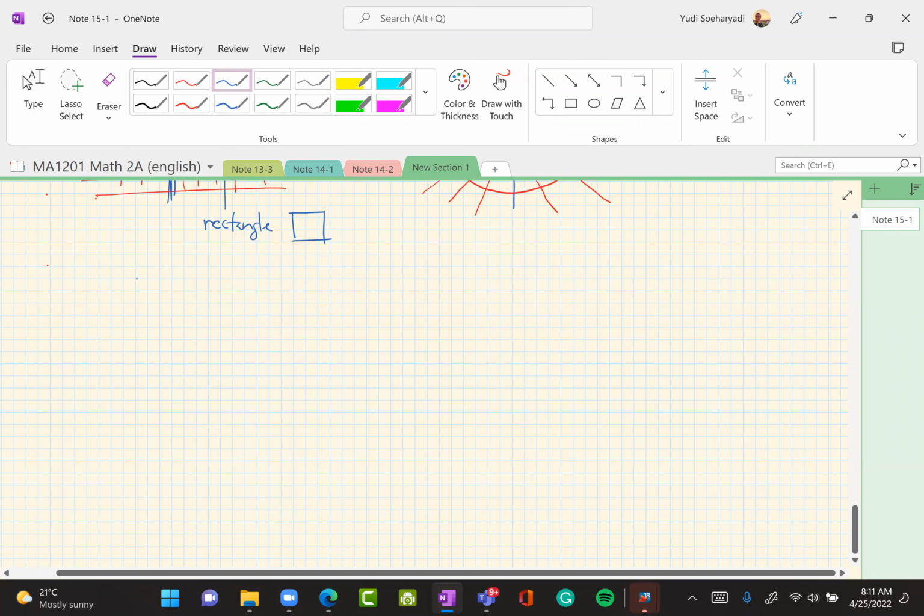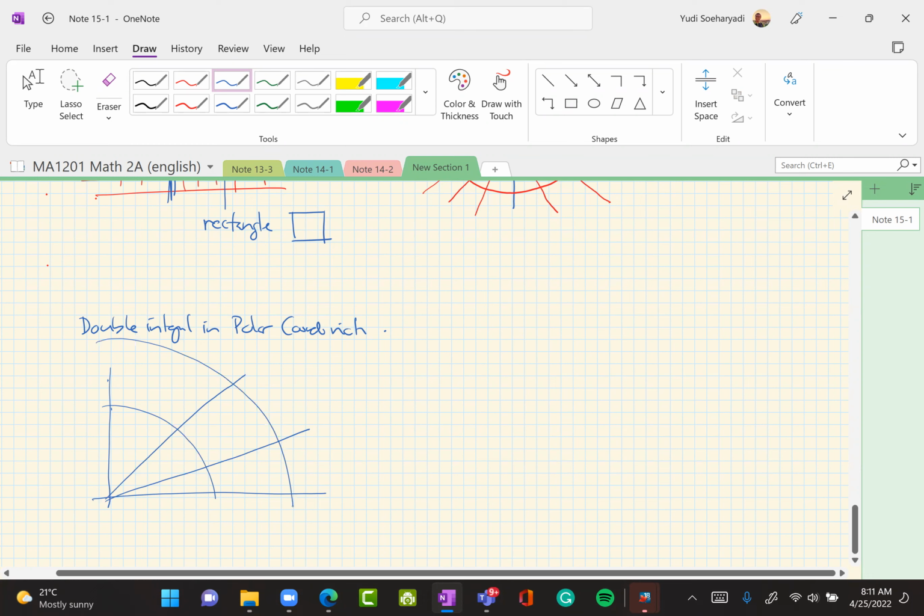In polar coordinates, the idea is to do partitions and take a sample.